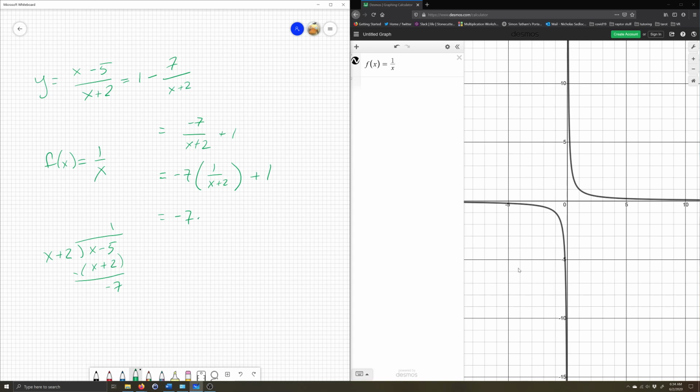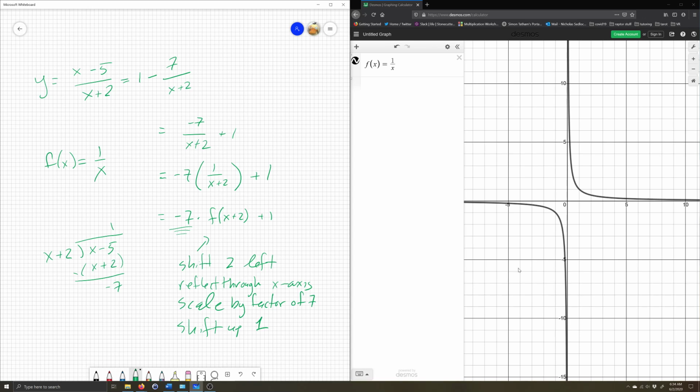But that's negative 7 times this function f evaluated at x plus 2, plus 1. So what is this? This is a shift to the left. Negative 7 means you reflect through the x-axis, then you scale by a factor of 7, and then you shift up 1.